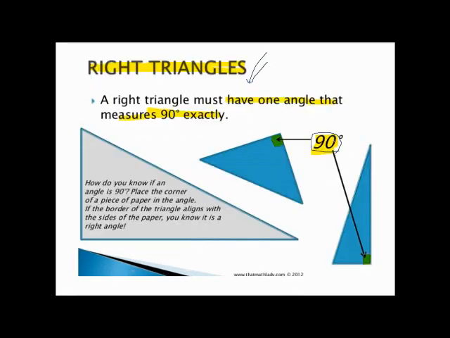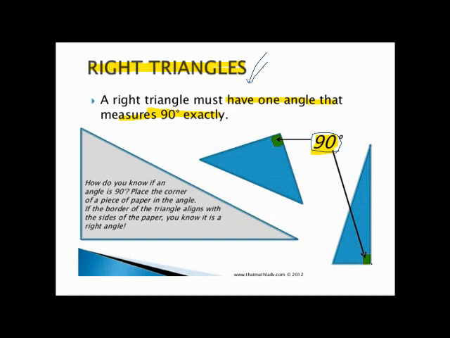Okay, how can I know that it has 90 degrees? I will place the corner of the protractor here, the middle part of the protractor, and I will measure with the protractor normally, like how we used to measure the angle in the past lesson. I will make sure it's actually 90.